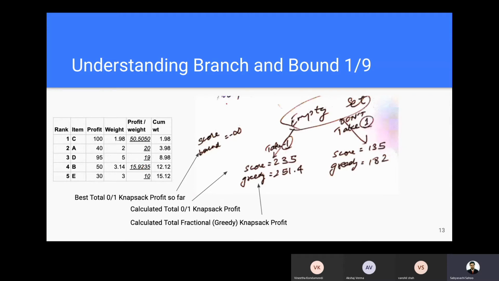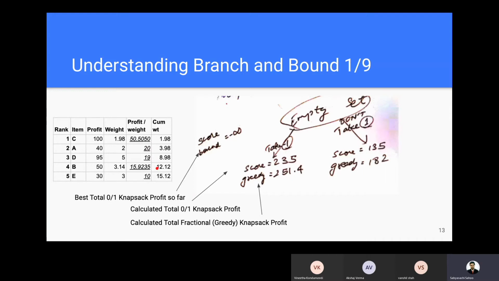But the 0-1 knapsack problem is where it becomes difficult, because maybe you ended up taking CAD, but what if CAB actually gave you maximum profit, or maybe ADB or ADE might have given you more profit, even though they do not have a high profit to weight ratio and don't satisfy the heuristic that high profit to weight ratio will ultimately give you maximum profit.